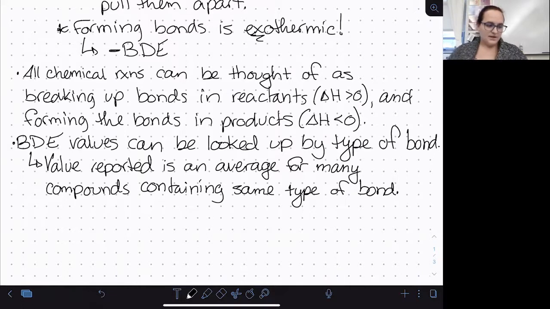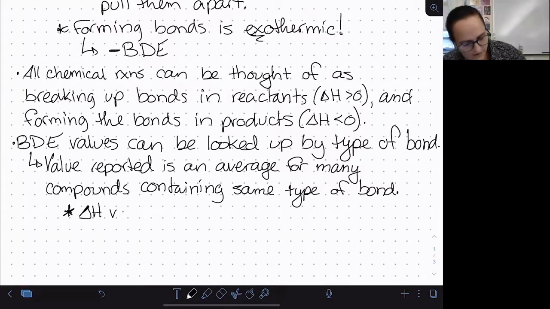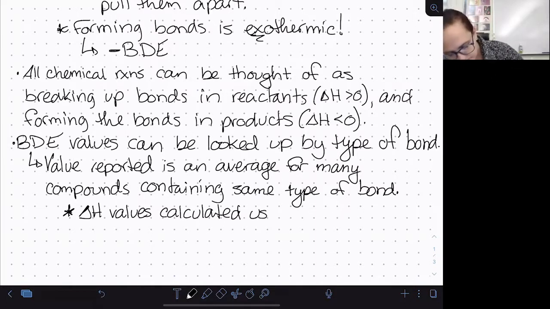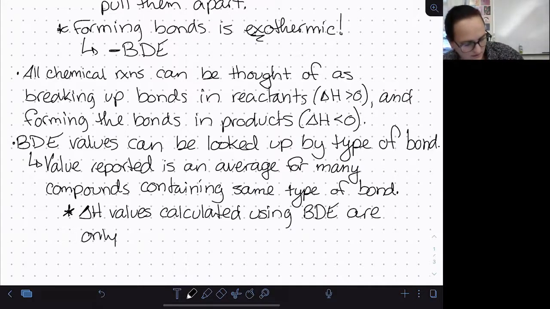So what that means is that any calculations you do with bond dissociation energies are approximations. They're not an exact calculation for your particular reaction or your particular compounds, but they're a pretty good estimate. So delta H values calculated using bond dissociation energy are only approximate.